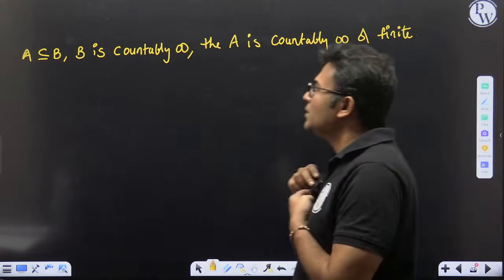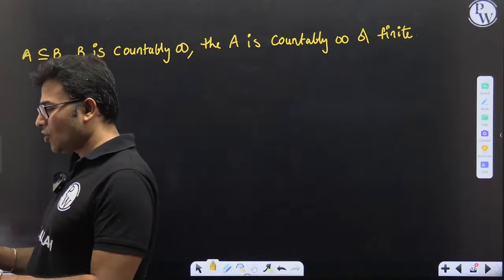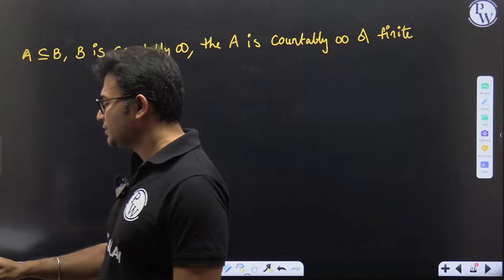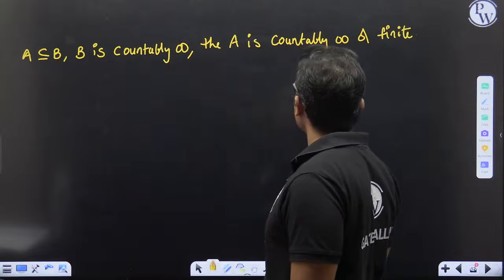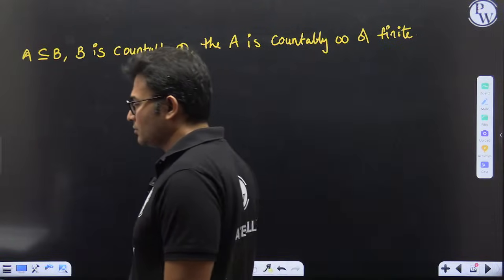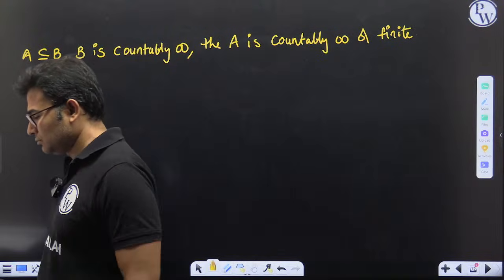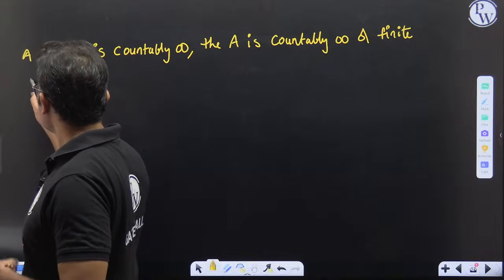If B is countably infinite, then A is countably infinite or finite, right? So what can you say?